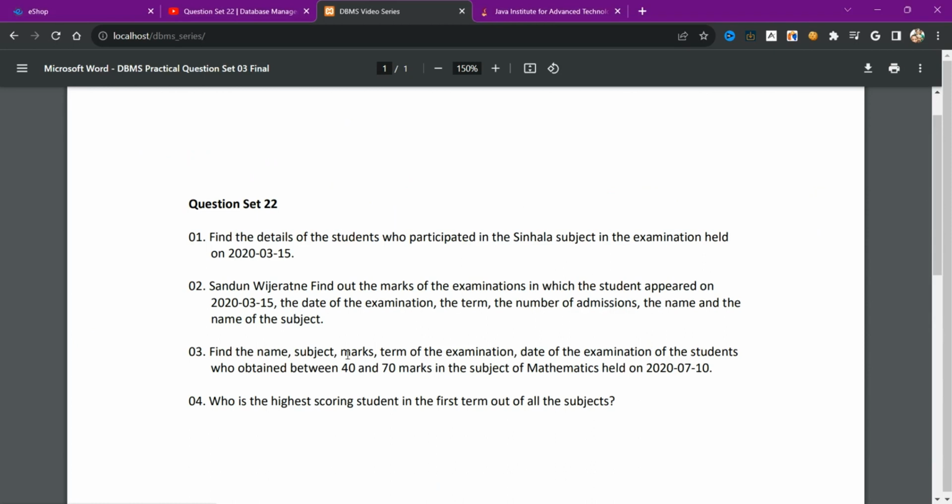Find the name, subject, marks, term of examination, and date of examination of the students who obtained between 40 and 70 marks in the subject of mathematics held on 2020 July 10.